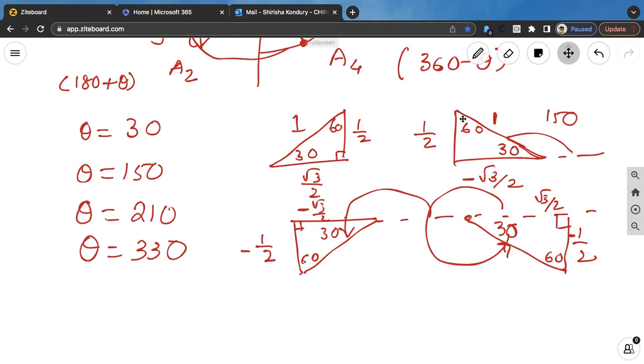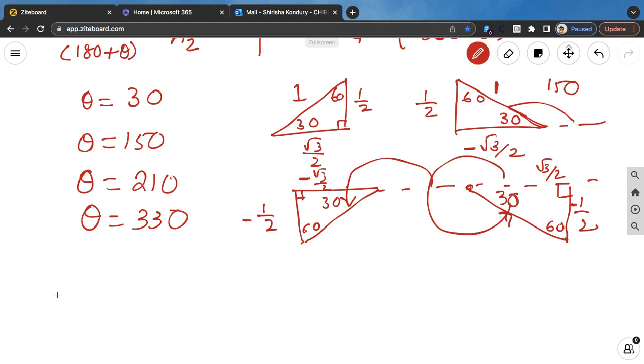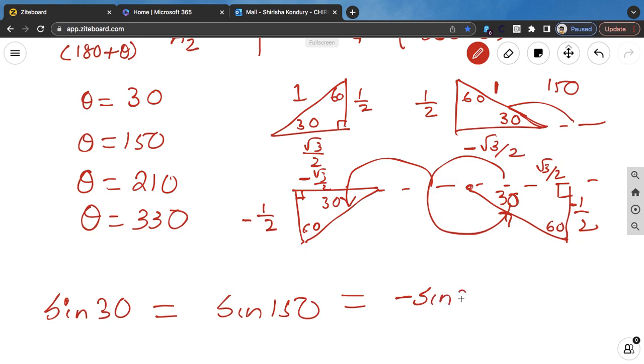So all I'm trying to tell you is sine of 30 is same as sine of 150, because do you see 30 and 150, that's the same, is same as minus sine of 210. Value is same but in the negative axis, is same as minus sine of 330.